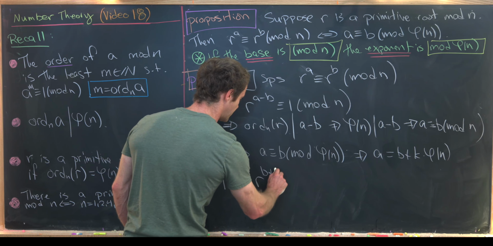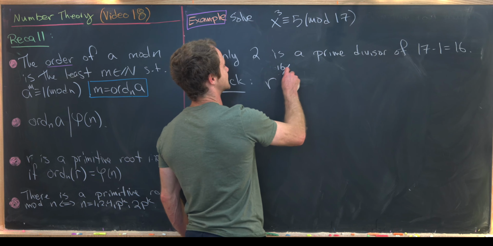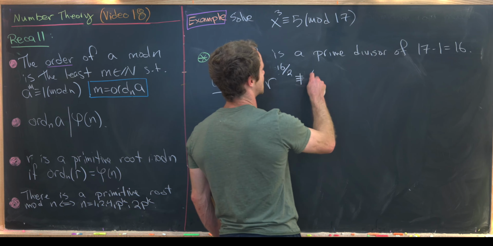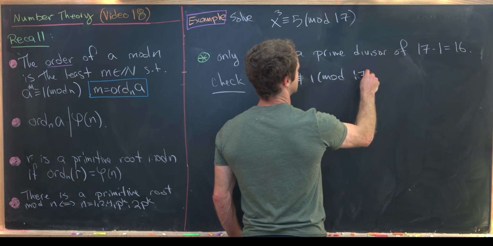So for a proposed primitive root, we only need to check that r to the 16 over 2 is not congruent to 1 mod 17. Remember, the general rule is we need to check that r to the p minus 1 over q, where q runs through all prime divisors of p minus 1. But here we've got a nice special case.